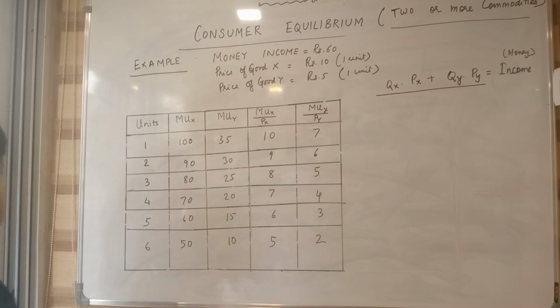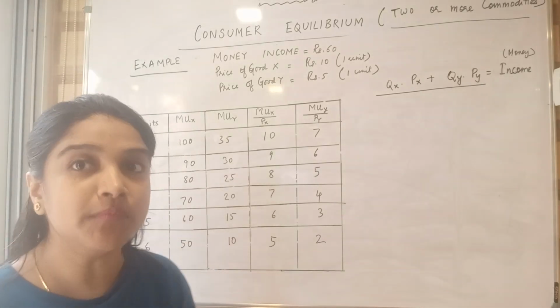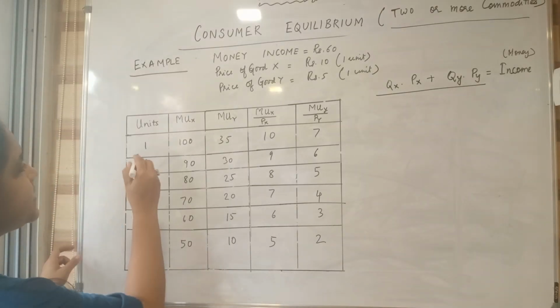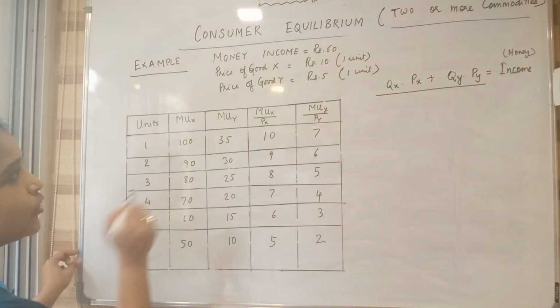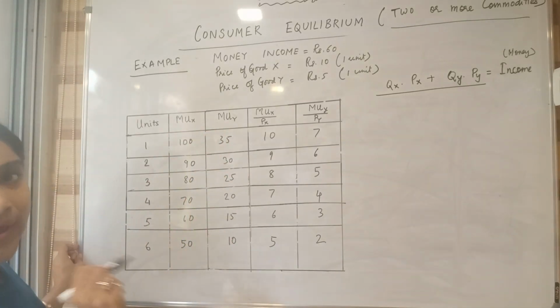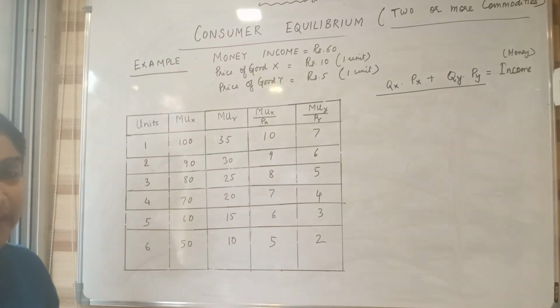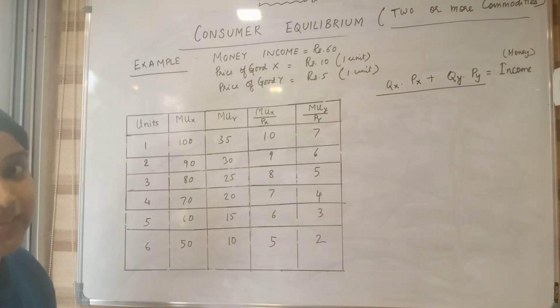Now let us see how we arrive at the situation of consumers equilibrium through this table. There are 6 units of consumption. We have the marginal utility of X commodity, the marginal utility of Y commodity, and then the marginal utility of money expenditure on X and on Y commodity.